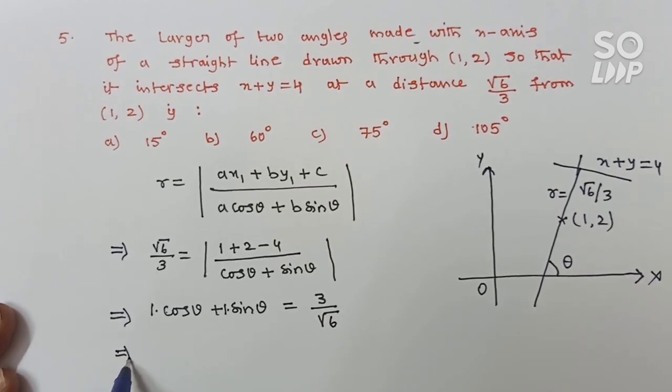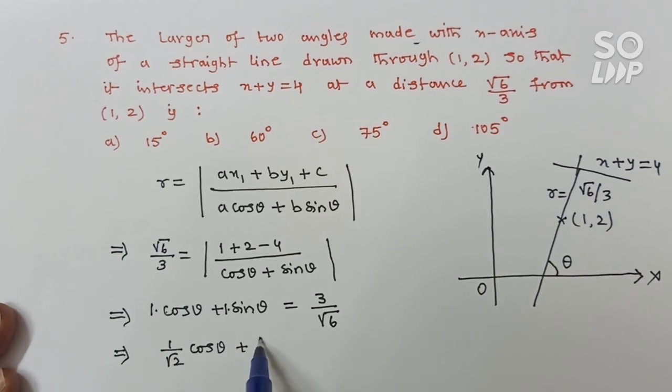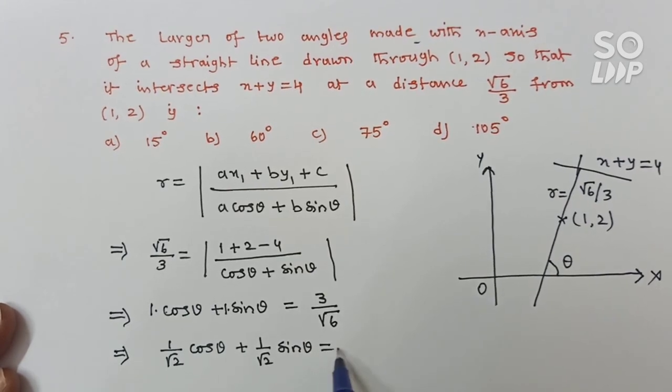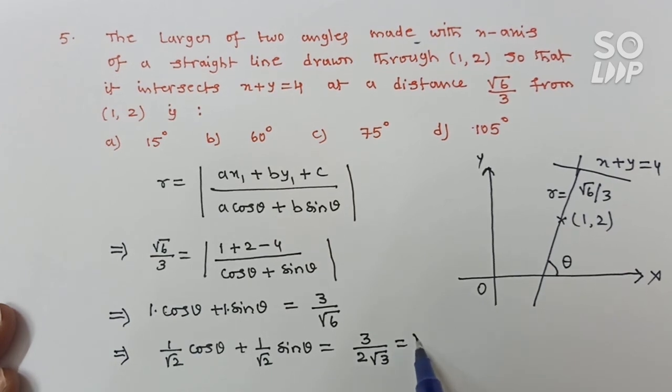That becomes 1 by root 2 into cos theta plus 1 by root 2 into sin theta is equal to 3 whole divided by root 12. Root 12 you can write as 2 into root 3, so this value will be equal to root 3 by 2.